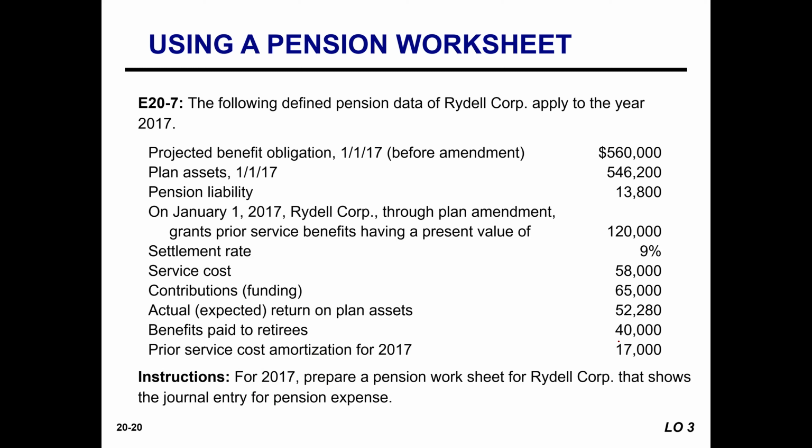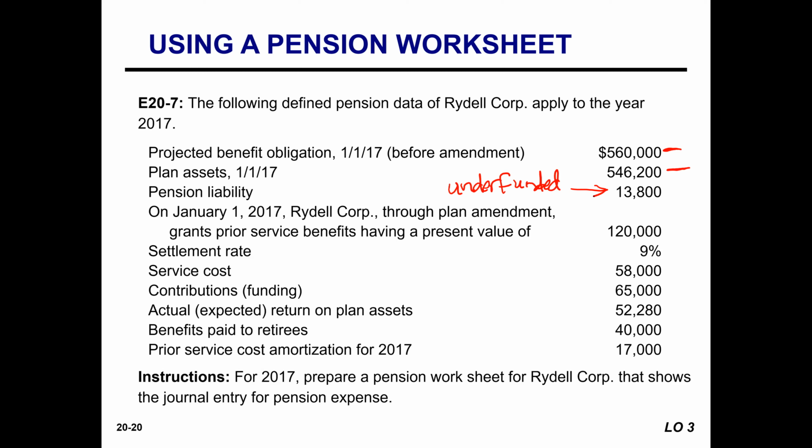But, you know, again, basically, just so our brains are kind of thinking this way, our projected benefit obligation is 560,000, right? And our plan assets are 546,200. So as of January 1, 2017, we are underfunded 13,800, right?